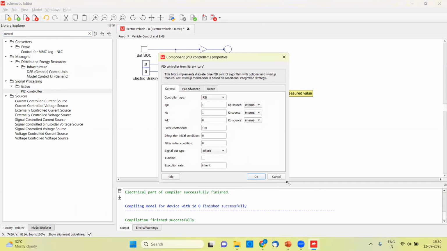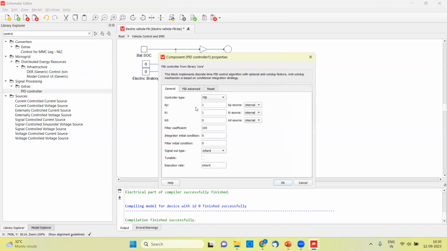Let me discuss the features inside this component. We can select what kind of controller we want to use, either PID, PI, PD, P or I. In PID, P stands for proportional, I is for integrator, and D is for differential. So we are going to use this type of control logic.